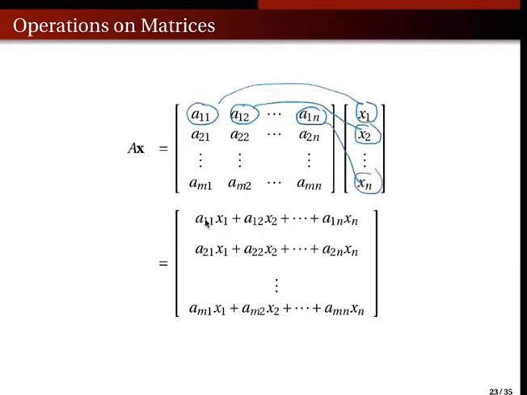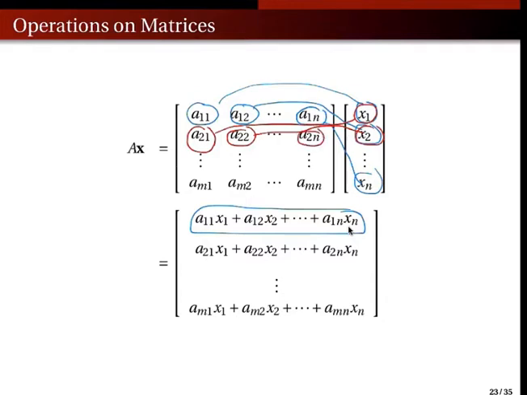That's your first row. Then similarly, you have A21 multiplied to x1, A22 multiplied to x2, until A2n multiplied to xn.